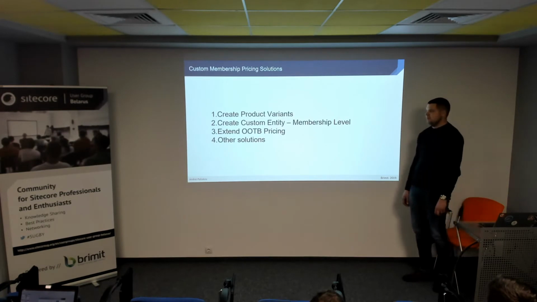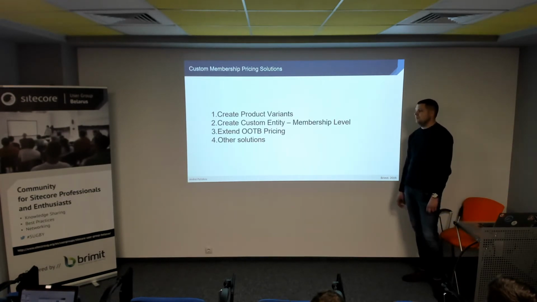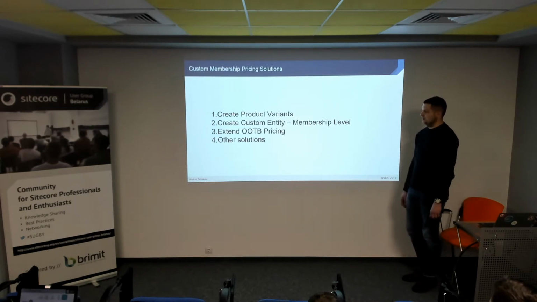There are a few different solutions for how we can solve it. First of all, we can use product variants. We can set up a sellable item, and per sellable item we can create product variants for each membership level.